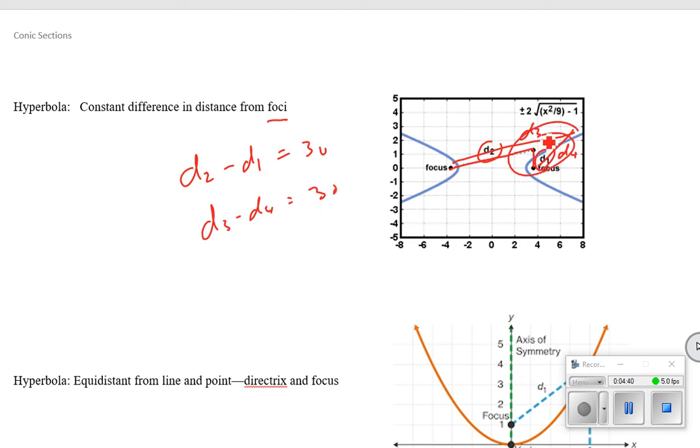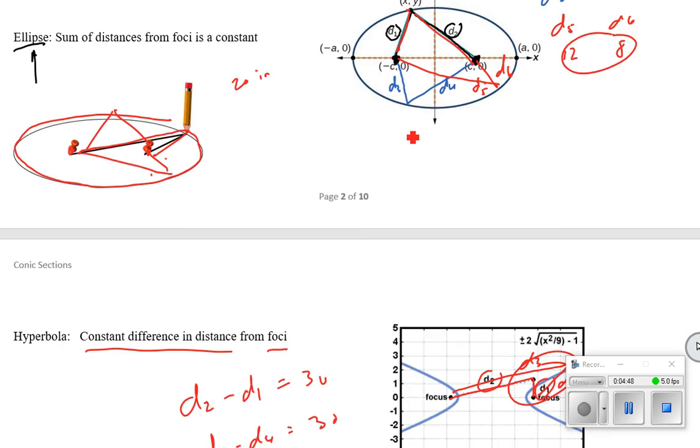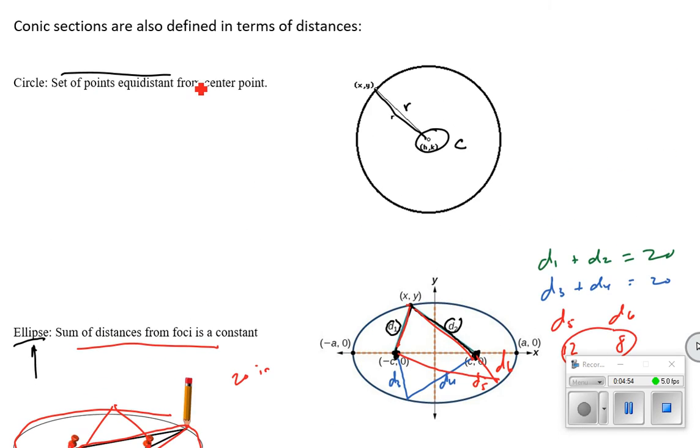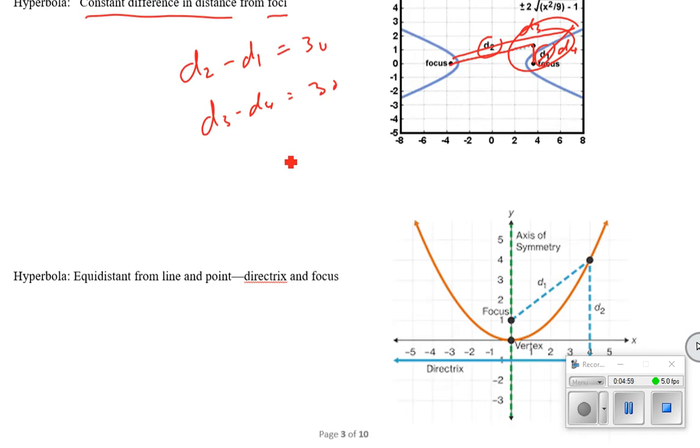These differences, the difference of the distances are a constant. So a constant difference in distance for a hyperbola, a constant sum for an ellipse, and just a constant radius for the circle.